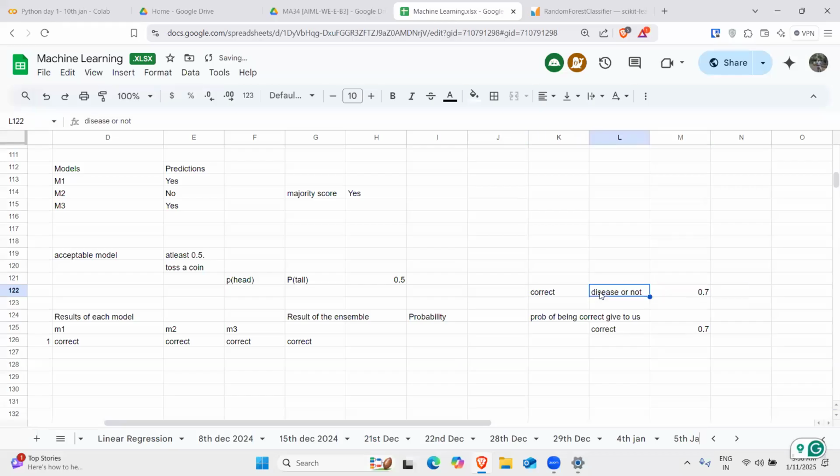So what will be your incorrect probability? Yes, guys. Sum of probability is always.